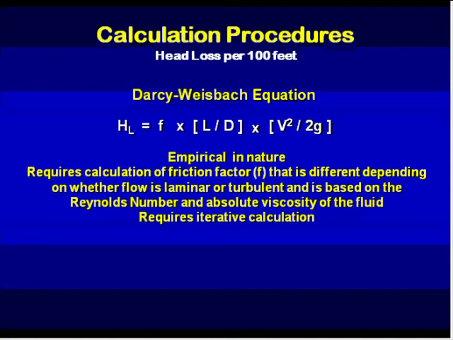So what this means, in the real world, is that in order to come up with the actual overall friction loss per 100 feet, you have to go through an iterative calculation in order to get all the components to come out right. As a result, it's not something that's used very often because of its difficulty in use.